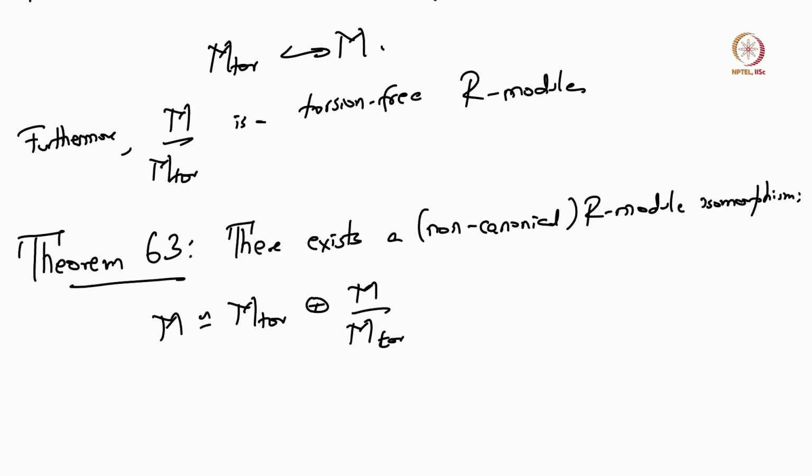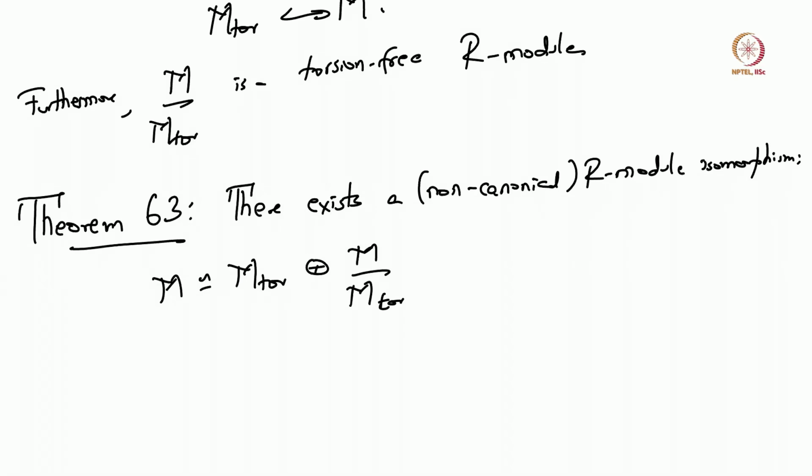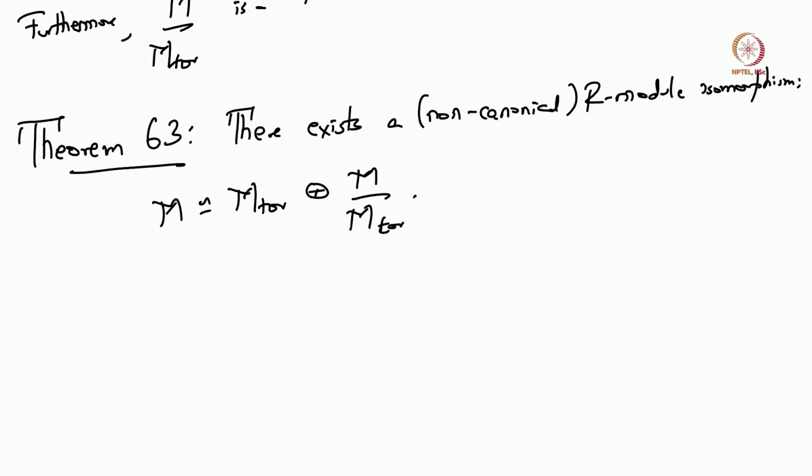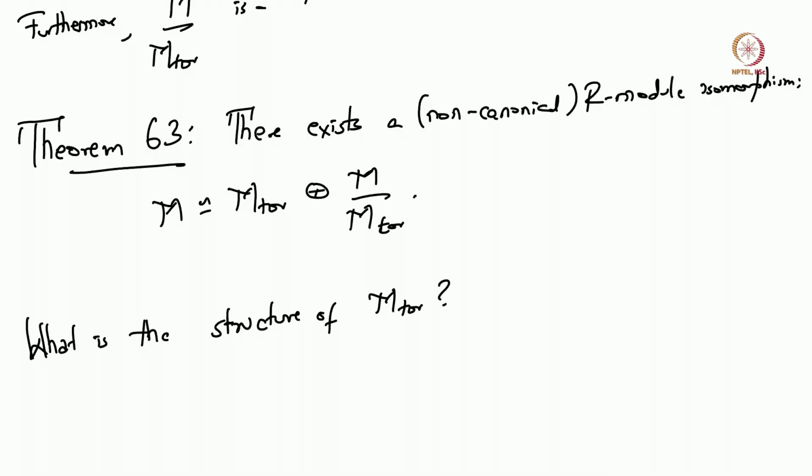So it has a torsion part and some sort of non-canonical torsion free part. The question of determining the structure of M boils down to determining the torsion free part and the torsion part. So one question then is, what is the structure of M tor and the quotient M modulo M tor?